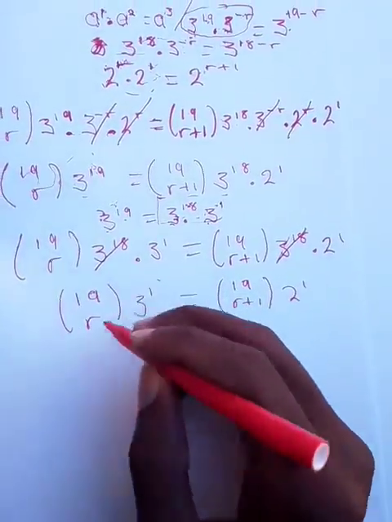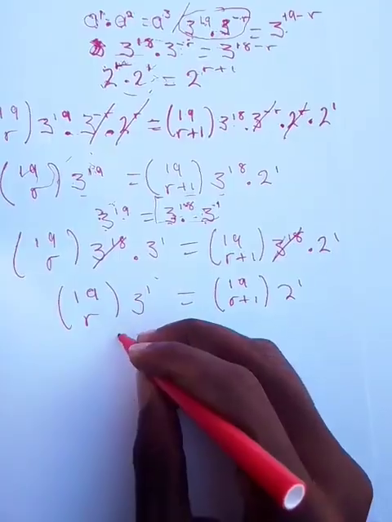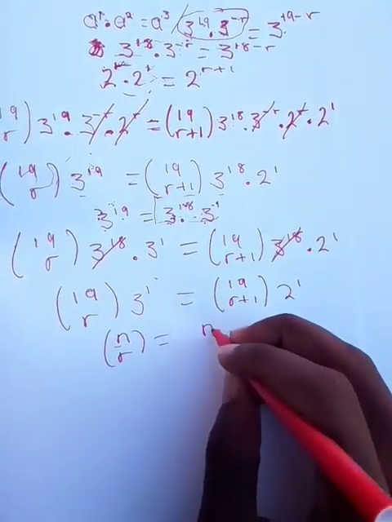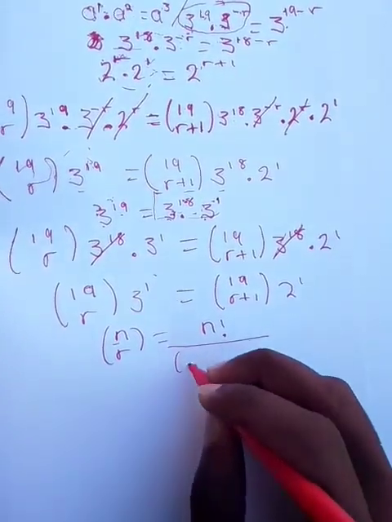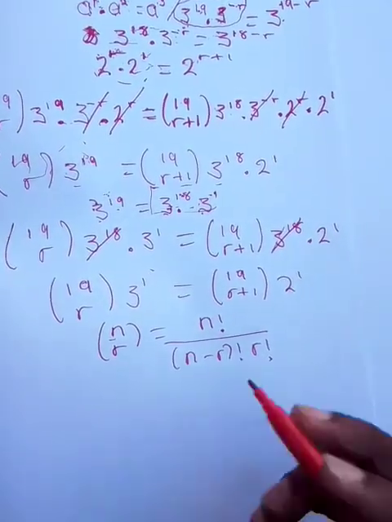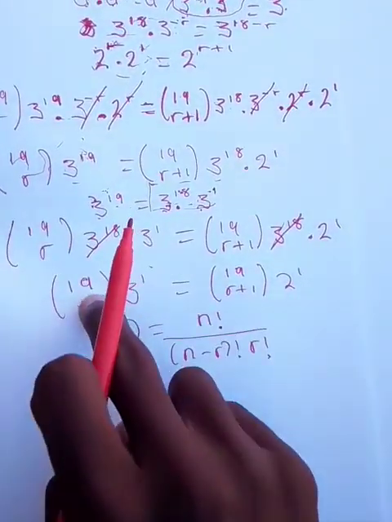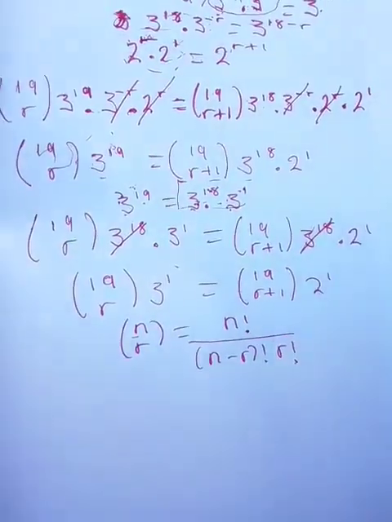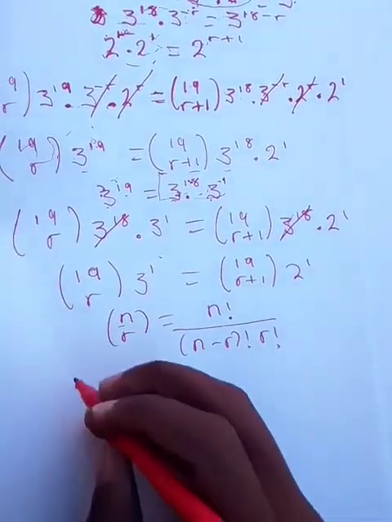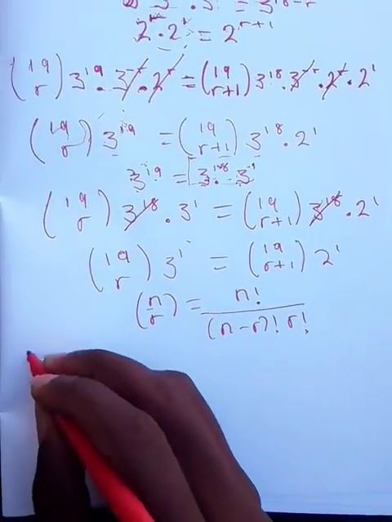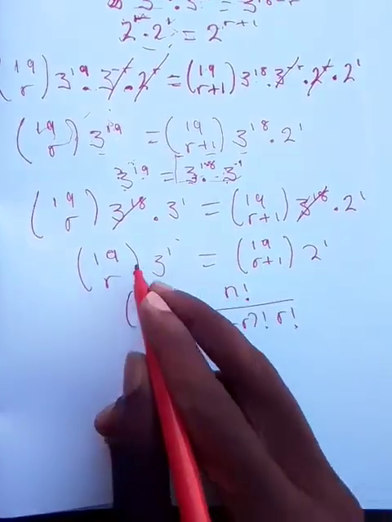If you remember, whenever you have a combination, let's say nCr, you can simply use the formula with n minus r factorial. Do you remember this? We are going to apply it now to each one of these, then simplify as much as we can till we finally find our r. Let's begin with this part. Where is n? I'll put 19 there.